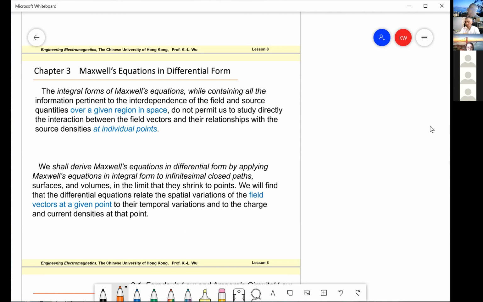So no matter what, we like to find the field at individual points, or the field vector at any given point. So instead of a region in space, we want it very precisely at a point.